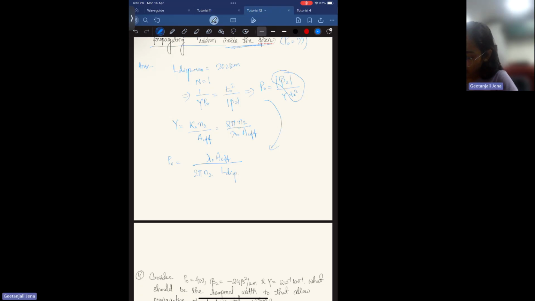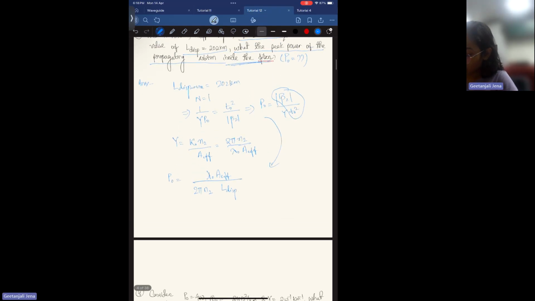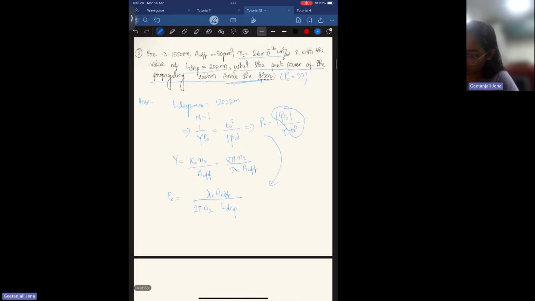Now we have expressed the peak power in terms of the parameters already given in the question.